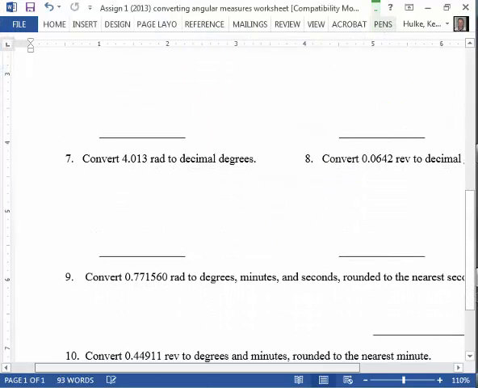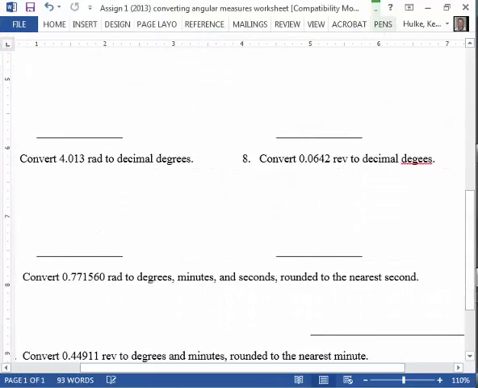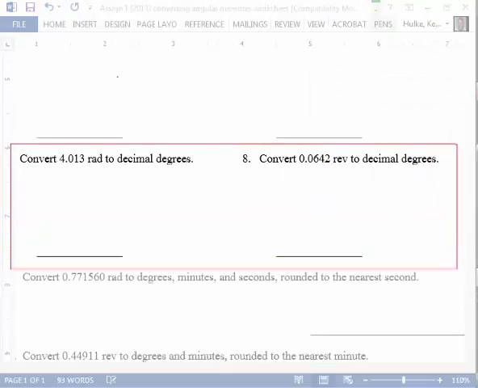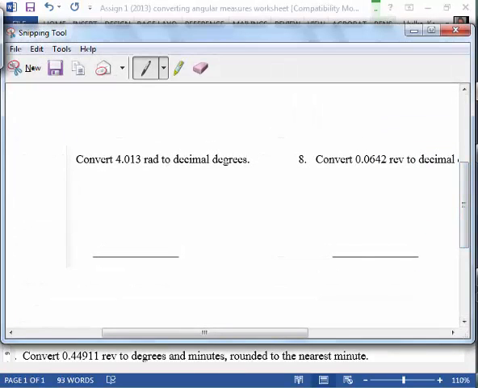Next one, convert radians to decimal degrees. Ooh, this should be degrees. Convert radians to degrees. Here we go. So 4.013 radians, pi is as 180.